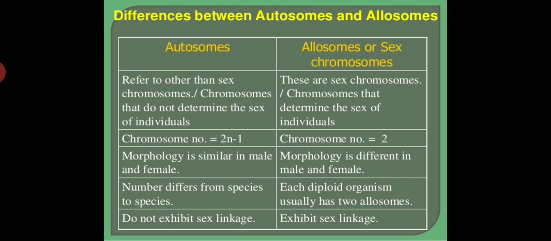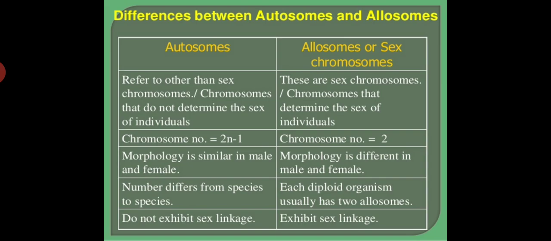The morphology is similar in male and female with reference to autosomes. There is no change in terms of morphology or number. Whereas in case of allosomes, the morphology is different in male and female, and the number differs from species to species, whereas each diploid organism usually has 2 allosomes only.